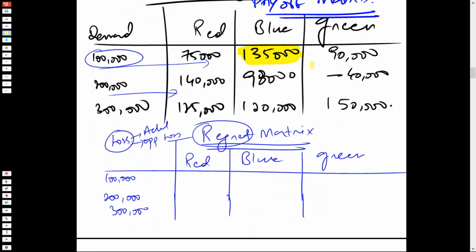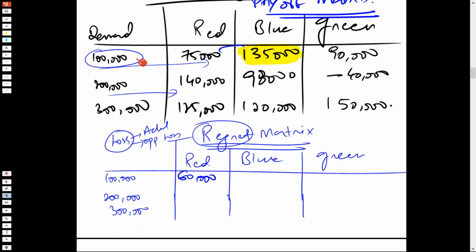Now, how do we create a regret? We create regret like this. 135,000 is the maximum we could have earned. 135,000 minus 75,000 gives you 60,000 as the regret. What do you mean by this? I could have earned 135,000 if the demand was 100,000 units.